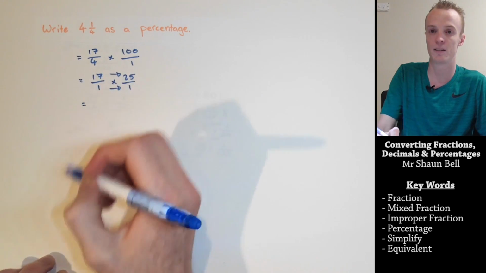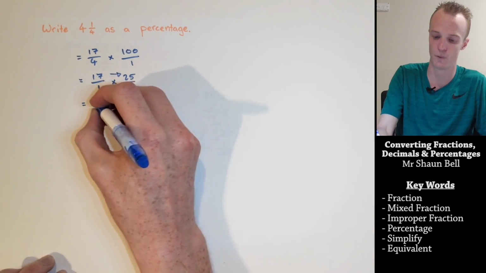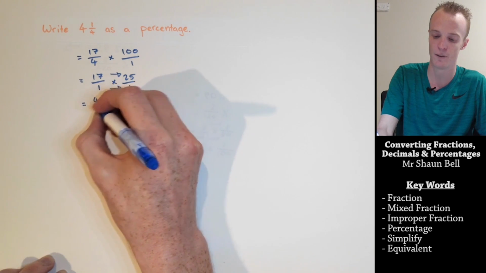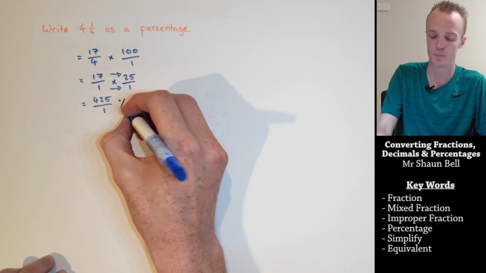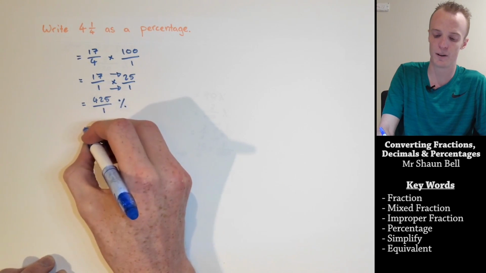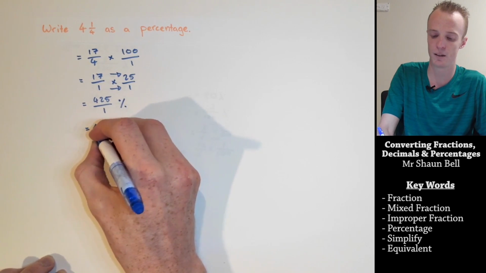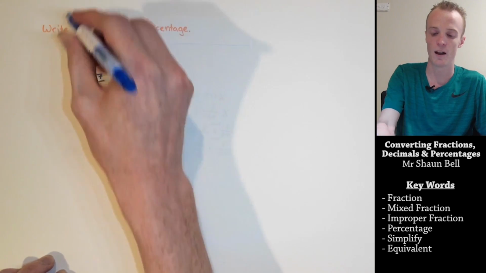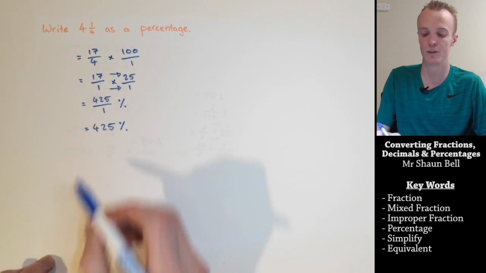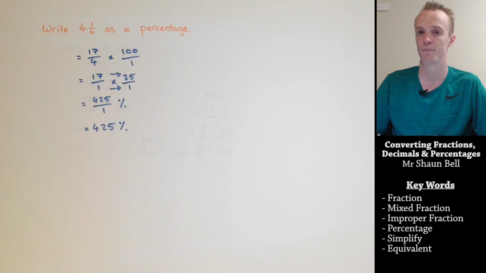So 17 times 25 is going to be equal to 425 over 1 times 1 is equal to 1. So that's a percentage, and 425 divided by 1 is simply going to be 425. So 4 1/4 is equivalent to 425%.